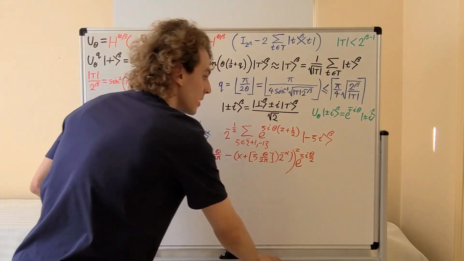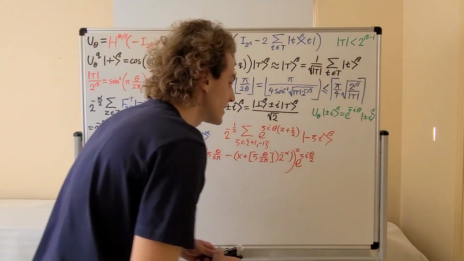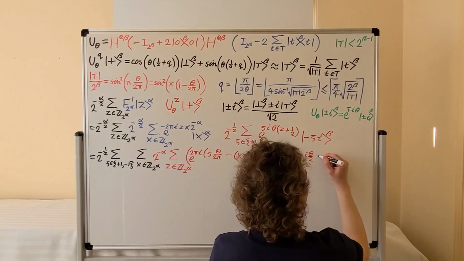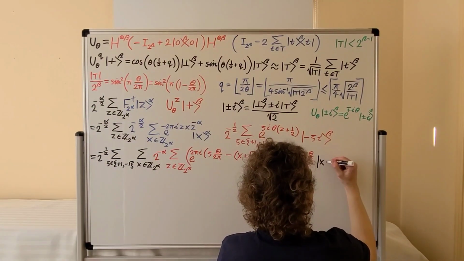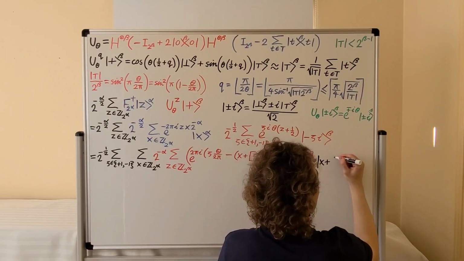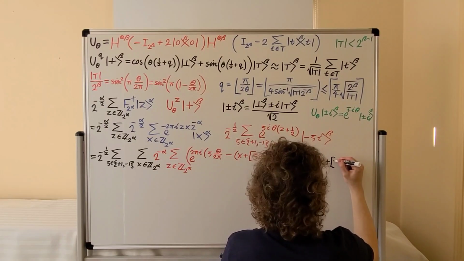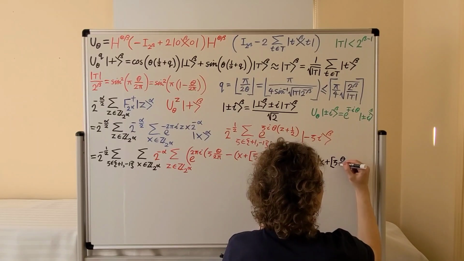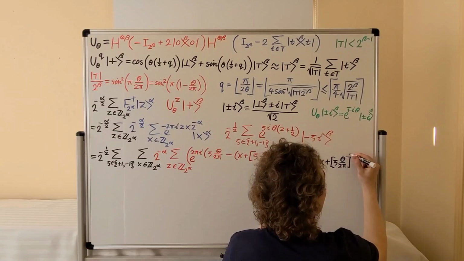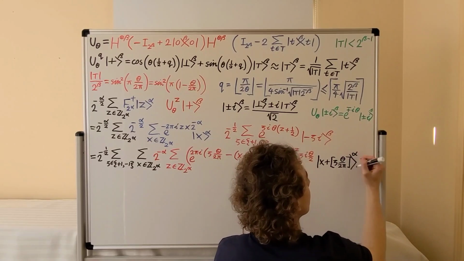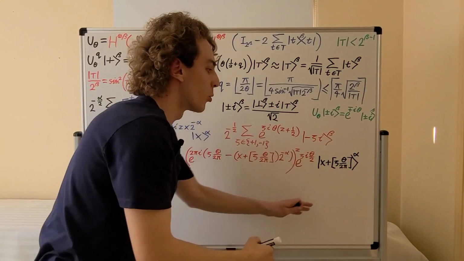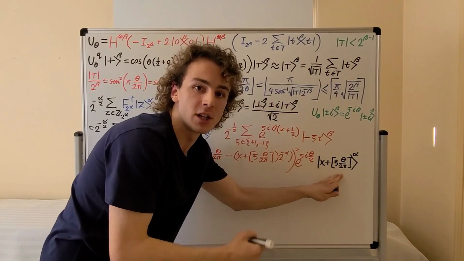Now let's have a look at what's happening to the quantum states. Well, we can write these quantum states as x plus, we have to shift this, the alpha bit approximation of zeta theta on 2 pi. And when we write this inside the label over here, we're doing addition mod 2 to the alpha.